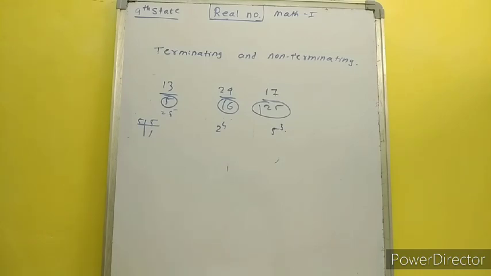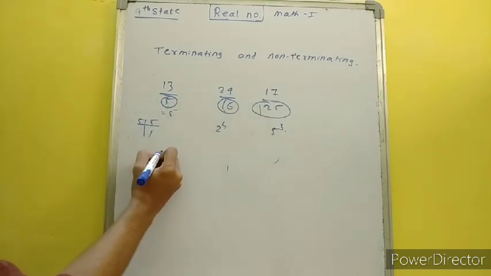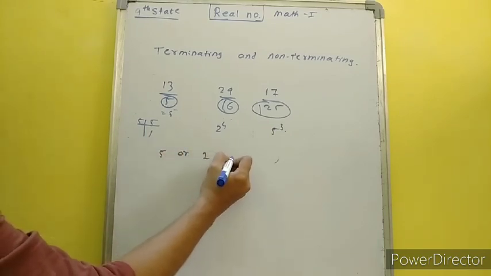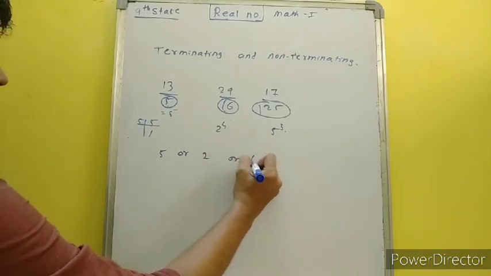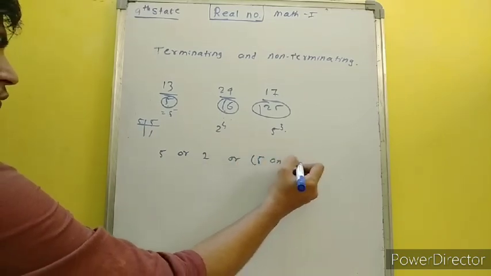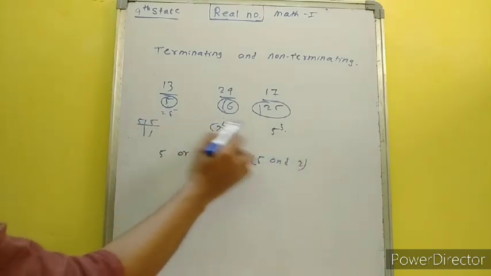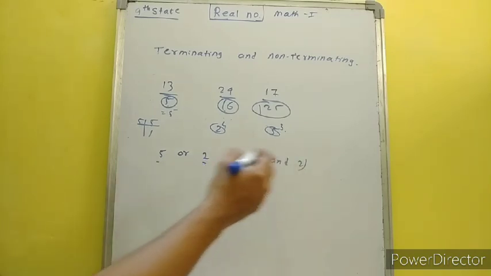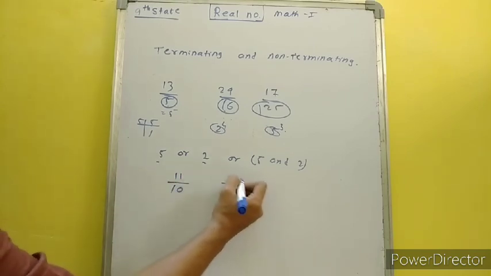If in the denominator we have the factors of 5 or 2 or both, both means 5 and 2. Suppose it is 11 upon 10. What are the factors of 10?